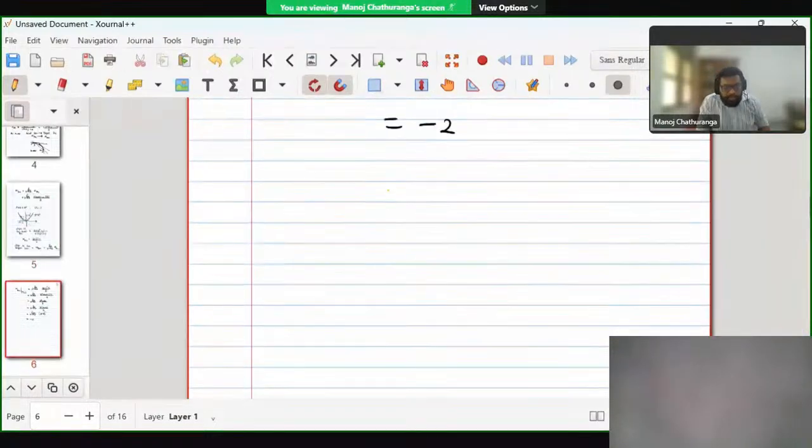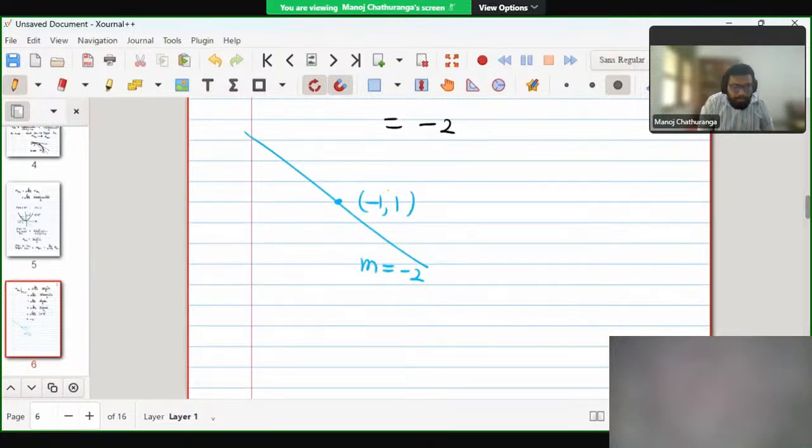So the tangent line to the graph at point -1, comma 1 has slope -2. So if you want, now you can use the point slope form to write down the exact equation of the tangent line.